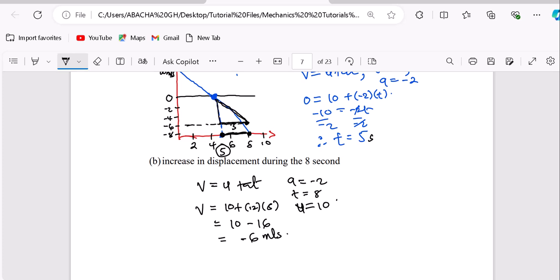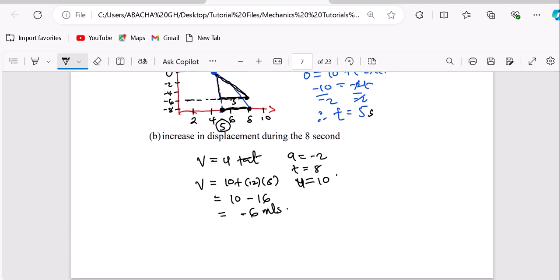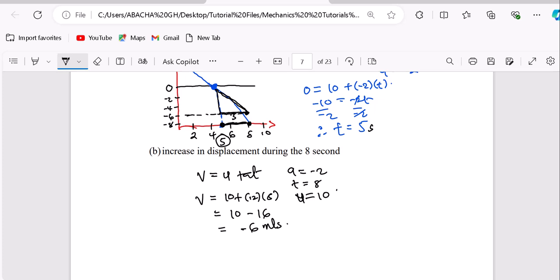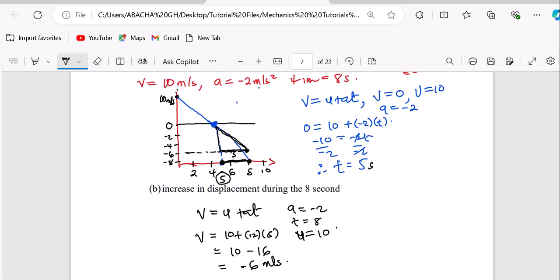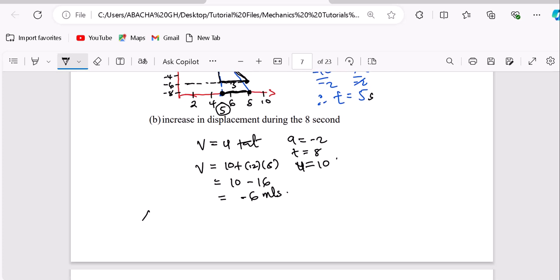Now they are saying that we should find the increase in displacement. We will first calculate the displacement for the first part, which is this triangle here. The area of that triangle is half base times height.